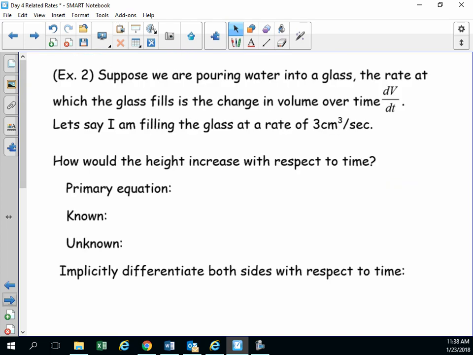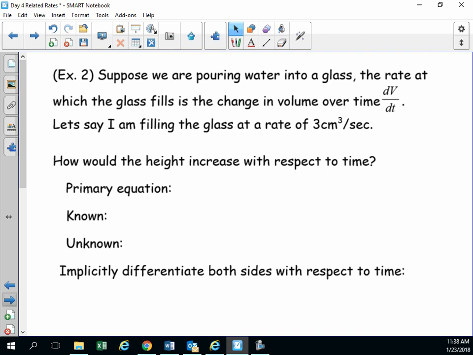So let's talk about the next one. The next one says, suppose we're pouring water into a glass. I'm pouring water into this glass. The question is, as I fill it up, what changes? The volume changes, yes? Okay.